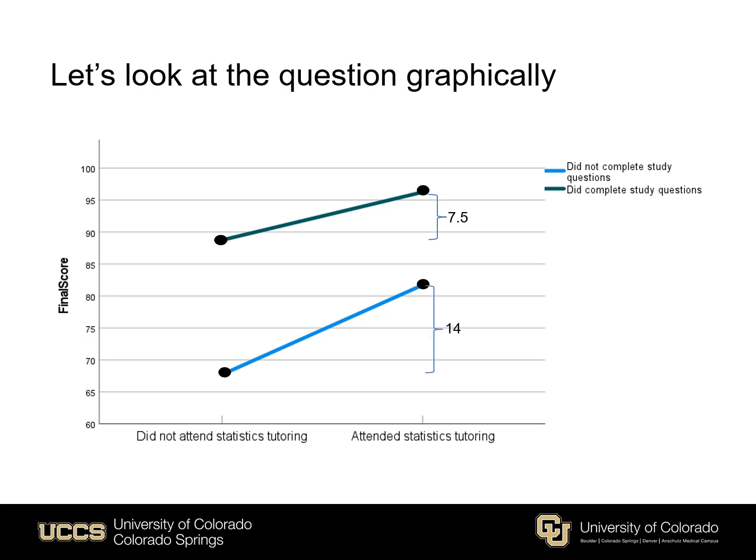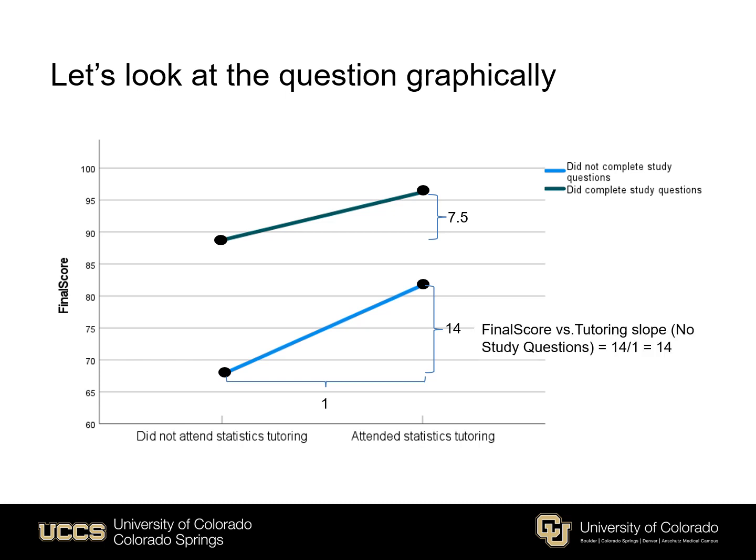Likewise, down on the blue line, it looks like over the run of that line, it has a vertical rise of about 14 points. The run of both of these lines conveniently goes from 0 to 1, because that's the coding of did not attend tutoring and did attend tutoring. So that run is conveniently 1.